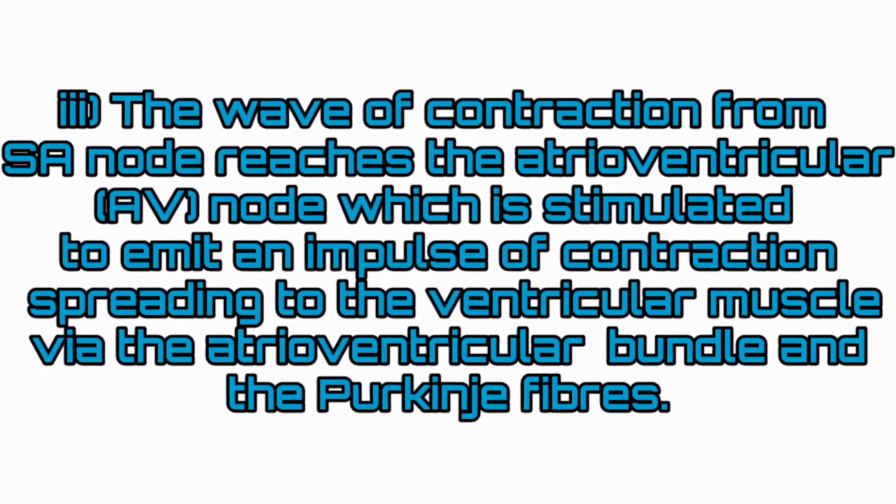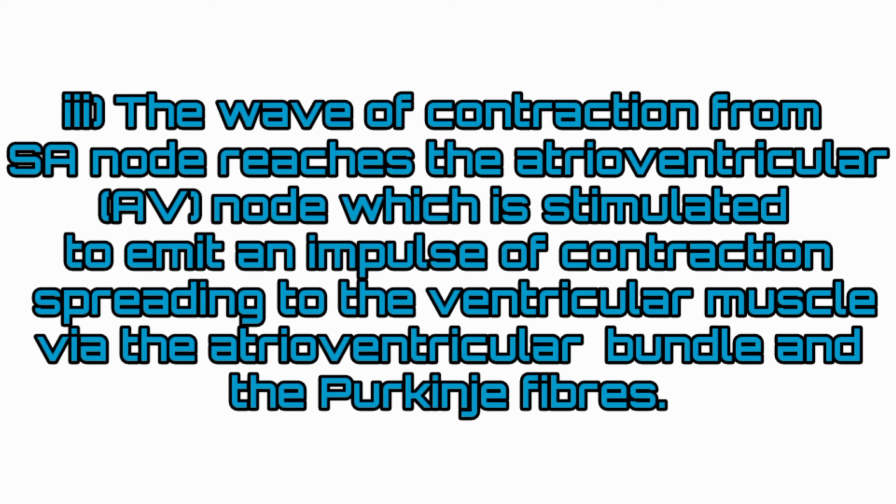The wave of contraction from the SA node reaches the atrioventricular node, which is stimulated to emit an impulse of contraction spreading to the ventricular muscle via the atrioventricular bundle and the Purkinje fibers.